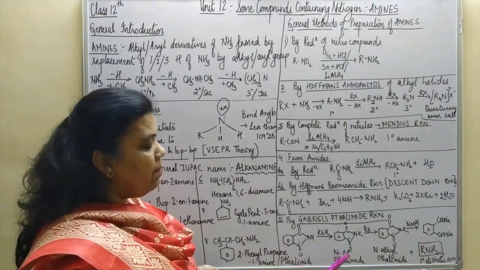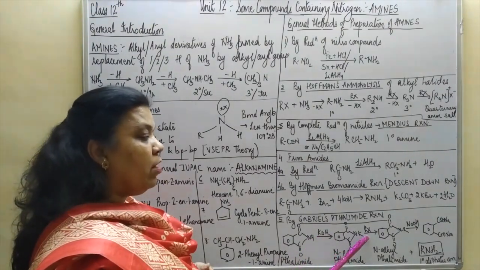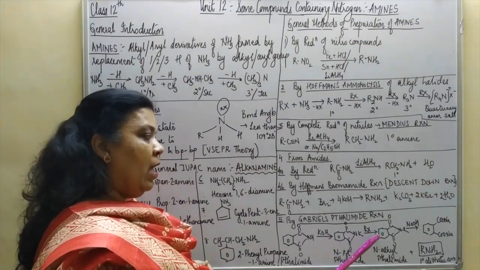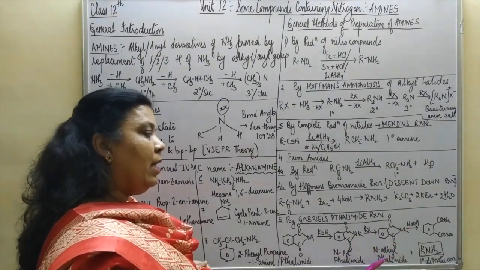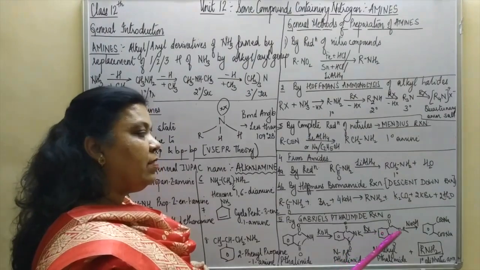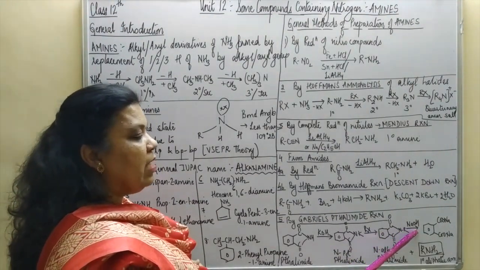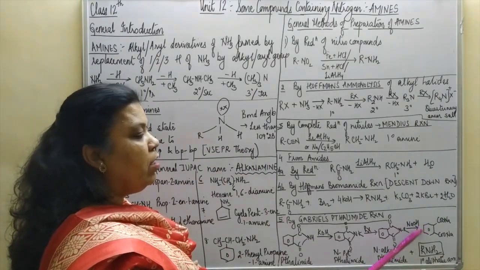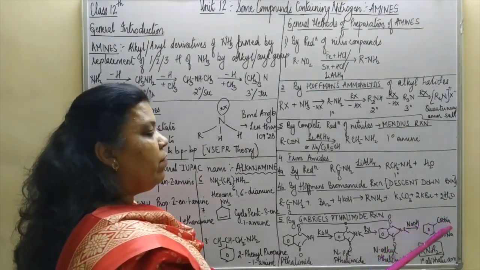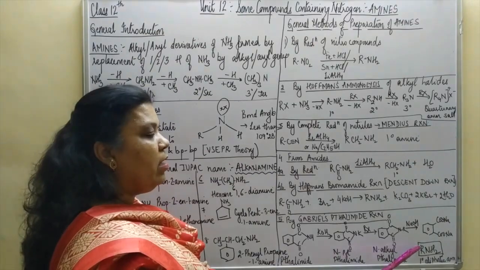So it forms N-potassium phthalimide. Further on treatment with alkyl halide, it will form N-alkyl phthalimide, where the potassium is replaced by the alkyl group.